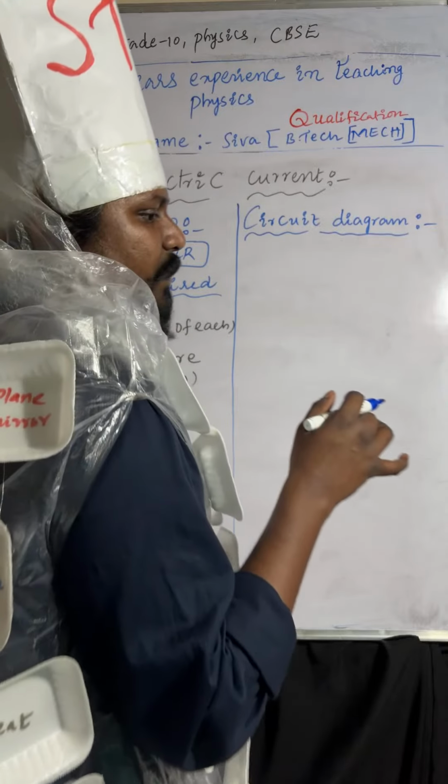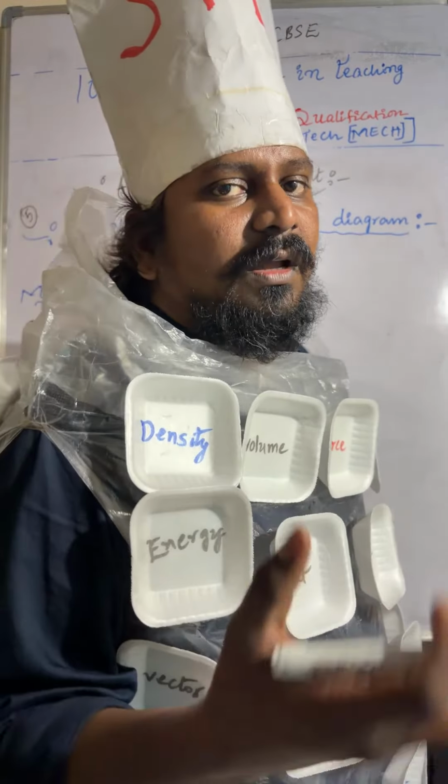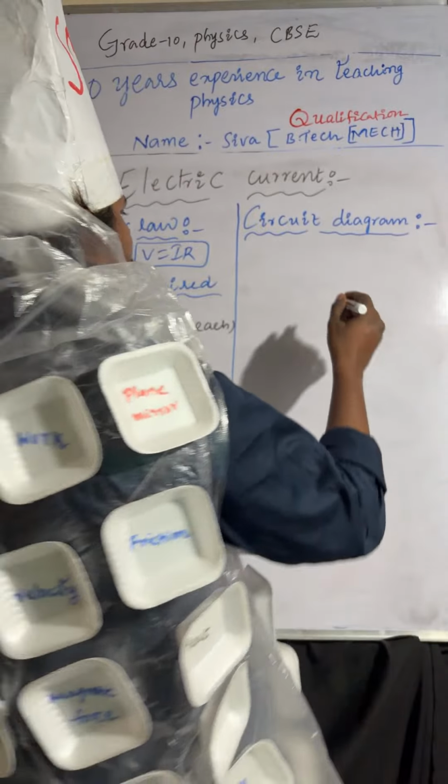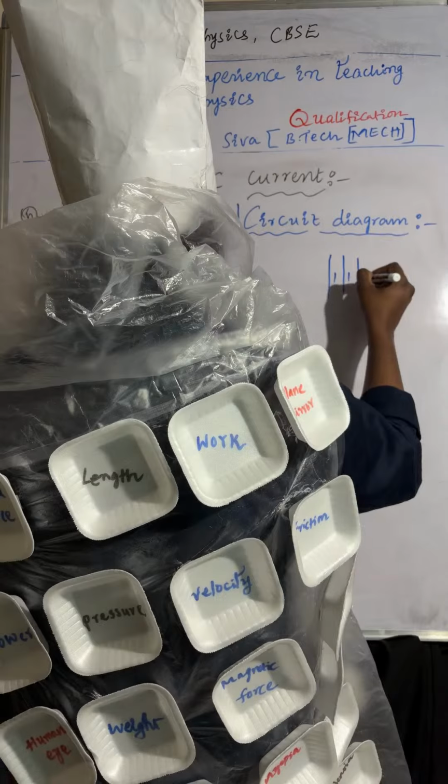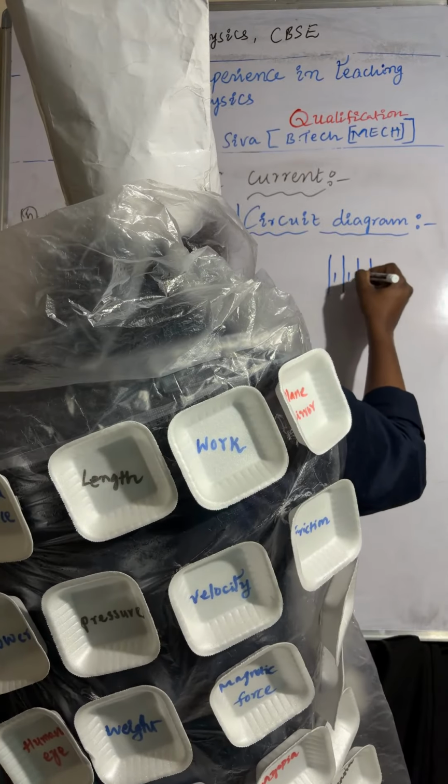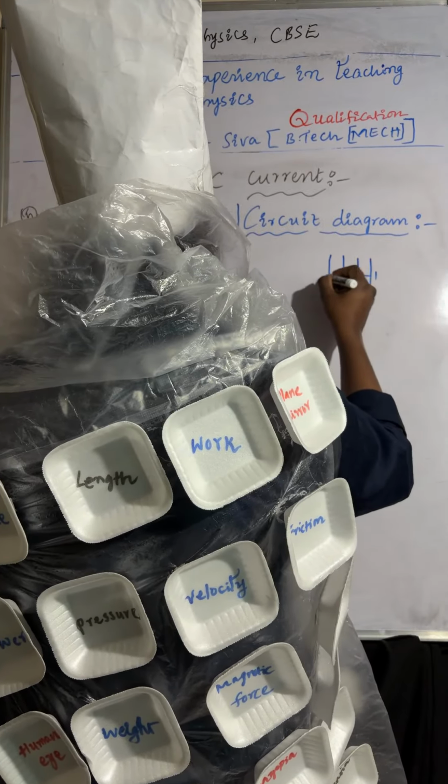Each potential is 1.5 volts. So I am taking here 1, 2, 3, 4, so 4 cells.